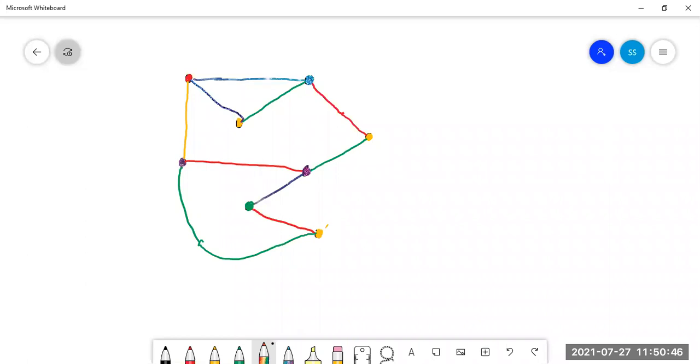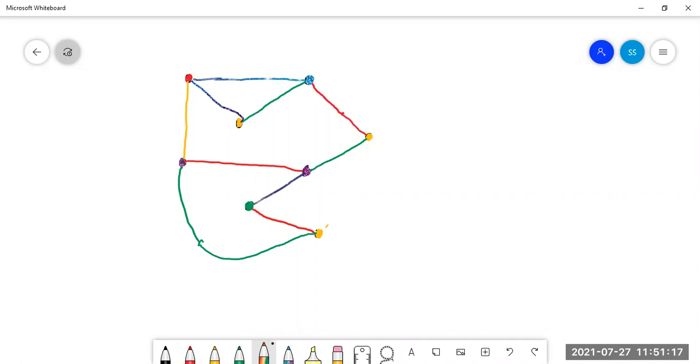isn't it? Look at here. No two adjacent vertices are in the same color, as well as no two incident edges are in the same color. Is that clear?